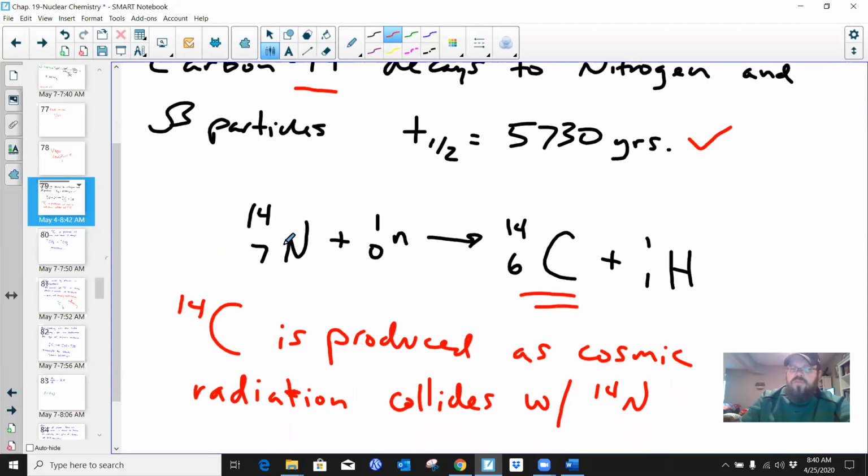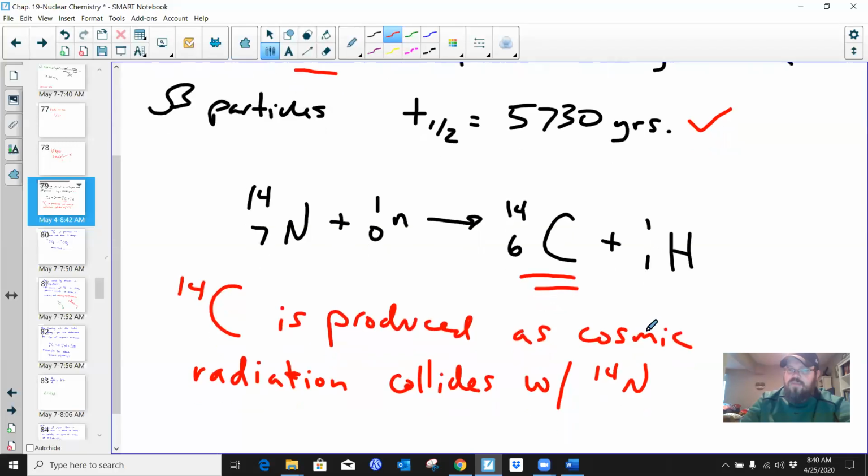And this nitrogen-14 is bombarded when nitrogen collides with neutrons from cosmic radiation sources. Remember, we talked about how our planet is barraged with various forms of cosmic radiation all the time. There's lots of nitrogen gas in our atmosphere. Our atmosphere is over 70% nitrogen gas. Some of that nitrogen gets converted into carbon-14, okay?